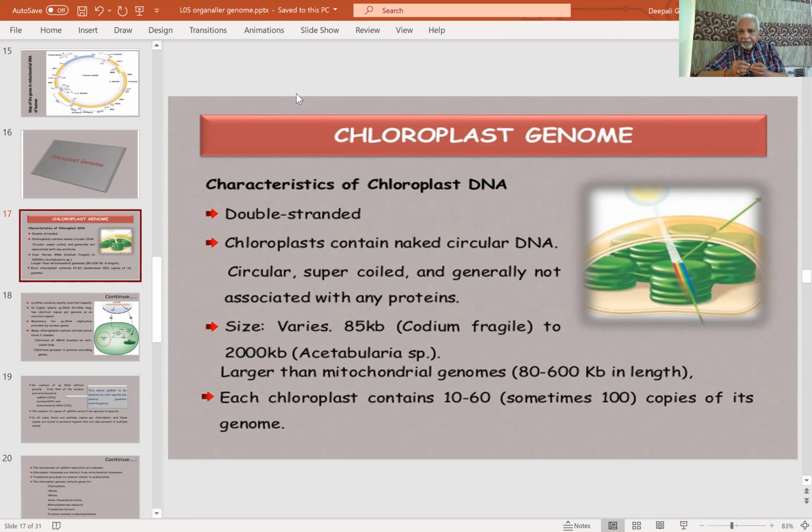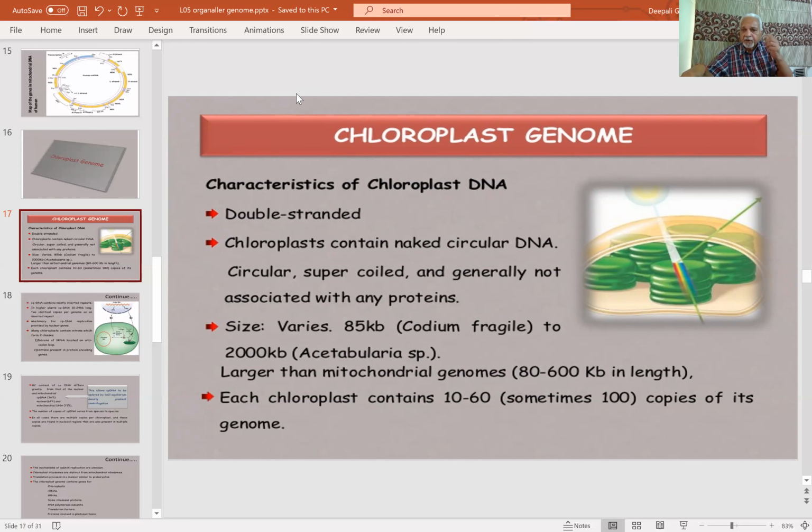And interestingly, each chloroplast has 10 to 60 copies of its genome. Like nuclear genome, you have single copy of all the genes, or the multiple copies are also there. But then in chloroplast, the same circular DNA is copied 10 to 60 times per chloroplast.